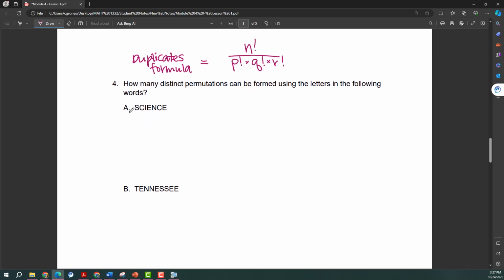So we are looking at 2 different words. We have science and then Tennessee. So science, starting with our n, we need to figure out how many total spaces we're looking at. So S, C, I, E, N, C, E. We've got 7 spaces.